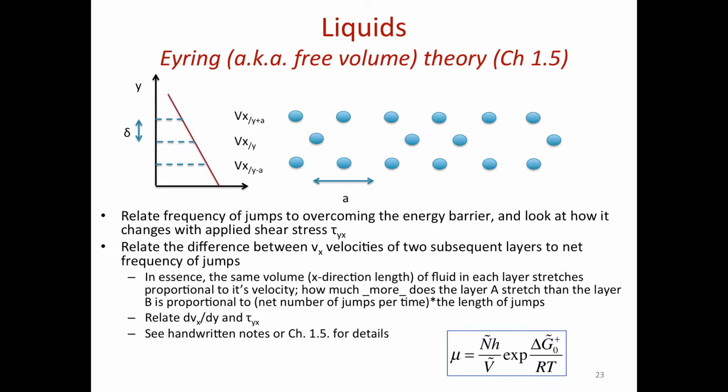Obviously, if I have a shear force helping and pulling, there will be more jumps in the same direction as my shear force, because the force will help those. It's going to reduce the work the shear force has to do on the fluid, and reduce the energy I need to jump into a vacant spot.